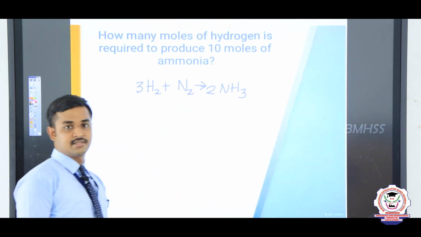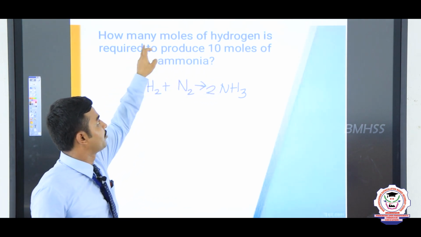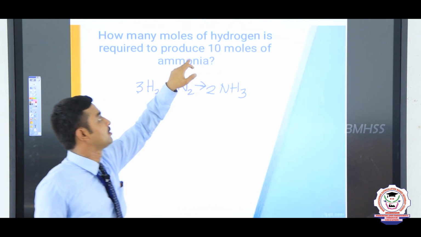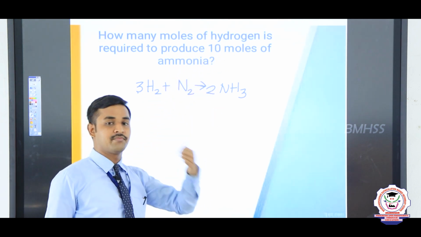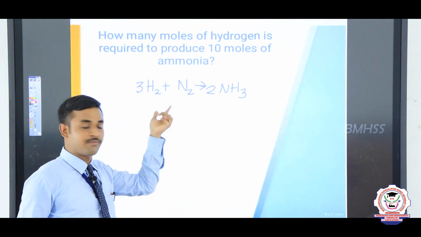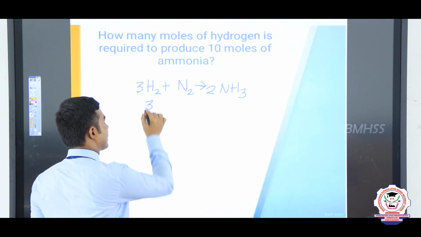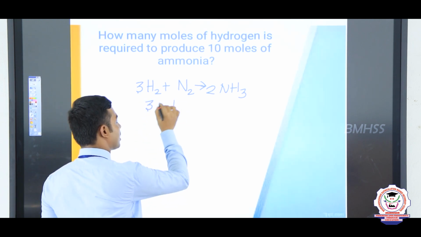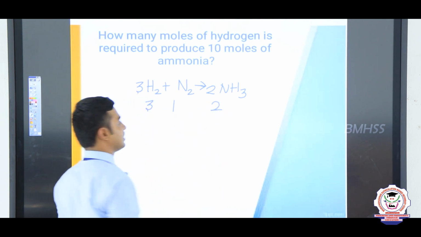After balancing this, we can find the number of moles. They asked how many moles of hydrogen are needed to produce 10 moles of ammonia. So we want to produce 10 moles of ammonia. First, students, note the moles required. Actually, 3 moles of hydrogen react with 1 mole of nitrogen to produce 2 moles of ammonia.